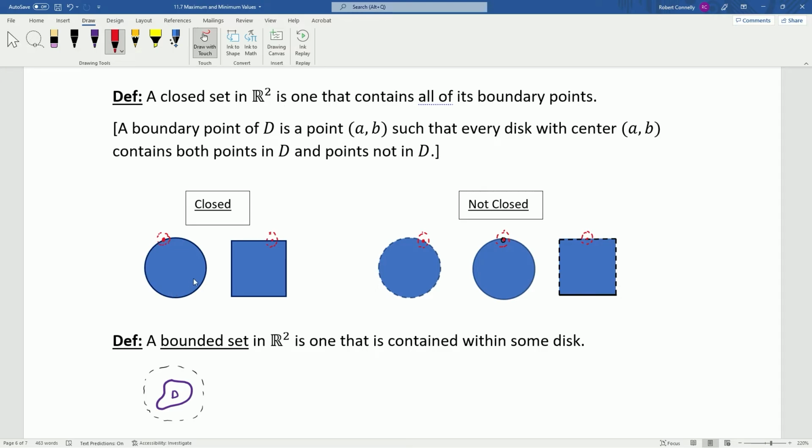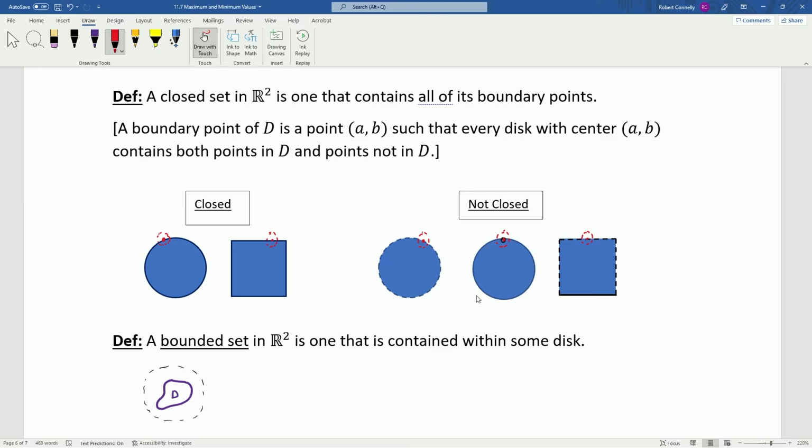So when we have a filled line, that means that curve is part of the boundary or part of the set D. So in this case, any of these points on the edge are included in this set D, and hence this set is closed. Same thing here. But the dotted lines indicate that those points, that curve is not included, and therefore this point, which is a boundary point, is not part of the set, and so the set is not closed.